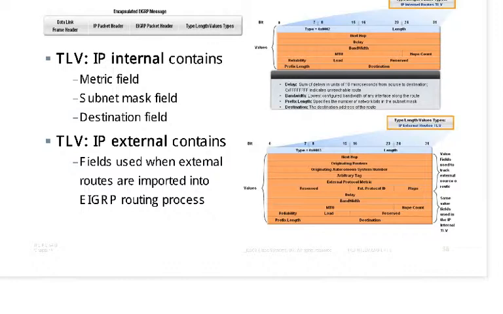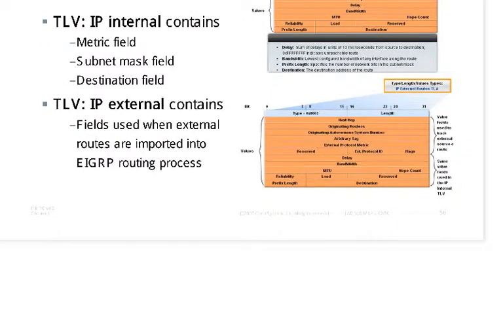EIGRP is an internal routing protocol, of course, but it communicates with exterior routing protocols like border gateway protocol. Exterior routing protocols deal with multiple autonomous systems, right? So if you receive information from another autonomous system and you try to put it in your routing table, EIGRP supports what we call IP external routing information.